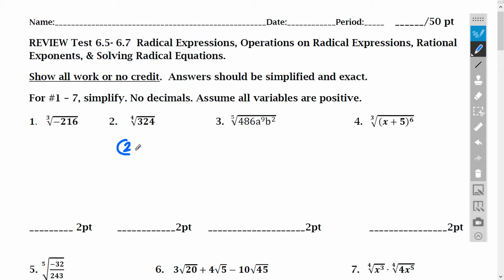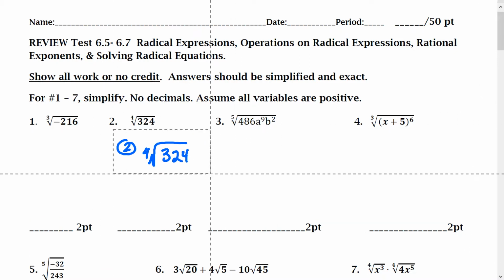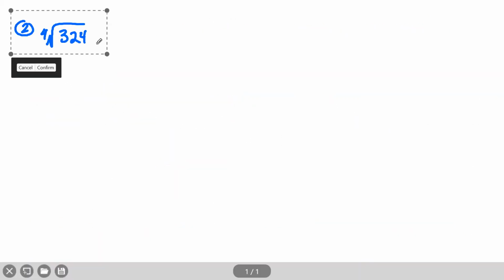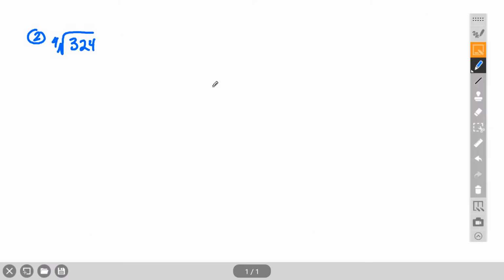Number 2, we have the fourth root of 324. Okay, so we need to simplify this. We're looking for groups of 4. So I'm going to split up 324. I'm probably going to need a calculator to do this because I don't really know what multiplies to give me 324. So I will just check.